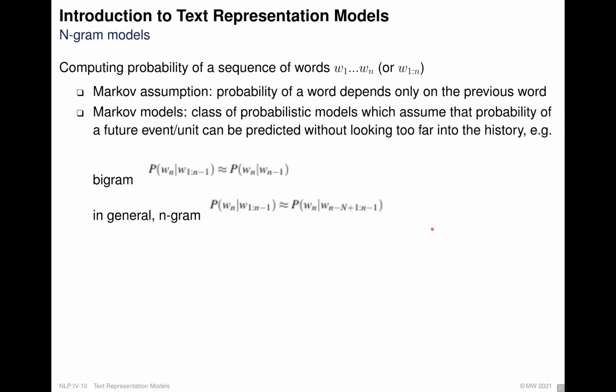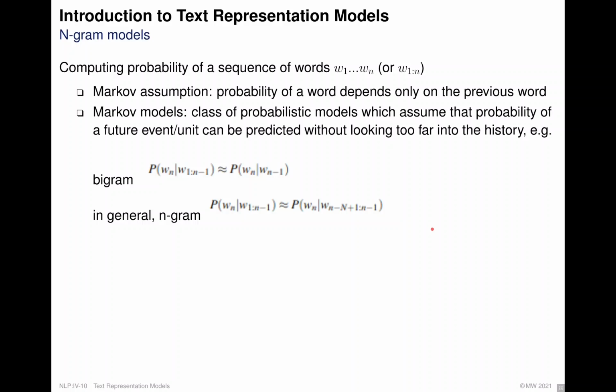And a class of probabilistic models based on the Markov assumption, which assume that the probability of a future event or a future unit can be predicted without taking into account the whole history, is called the class of Markov models.